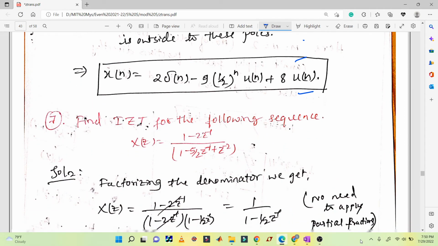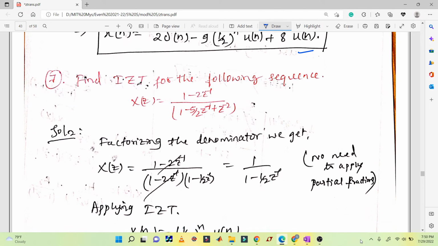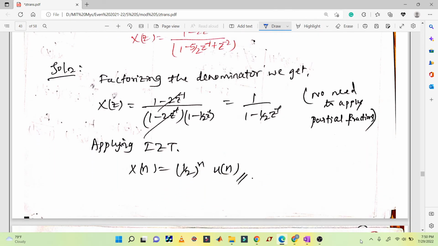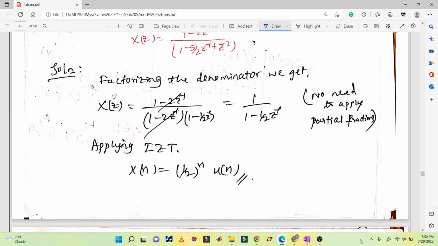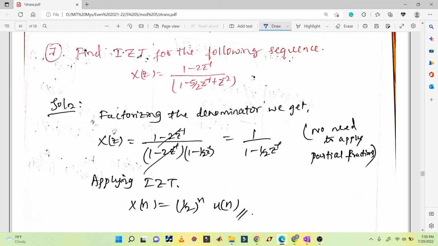And a similar kind of problem has been given here, and this is the easiest one. So this is the problem given, and when you factorize it, it will become 1 minus 2 into z inverse divided by 1 minus 2 z inverse, 1 minus 1 by 2 z inverse.